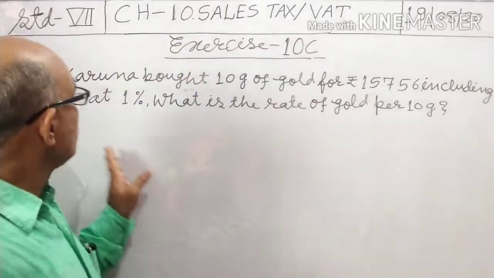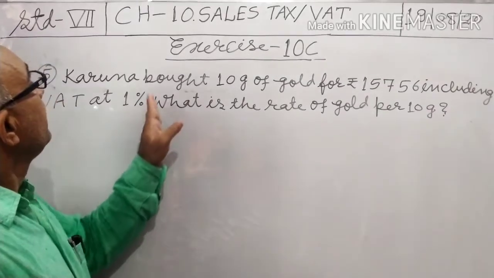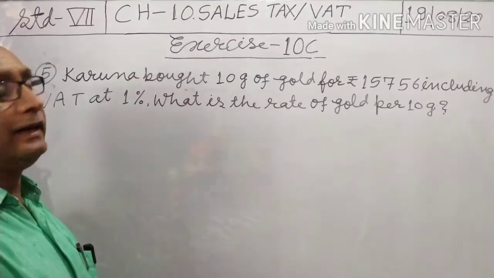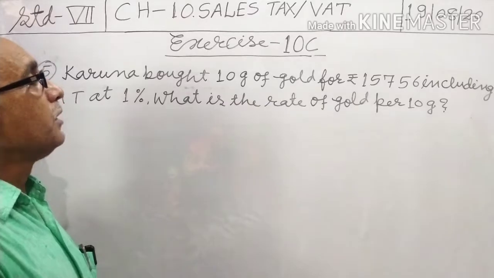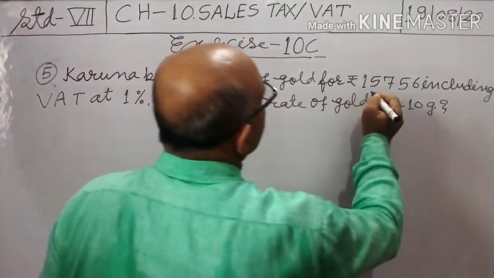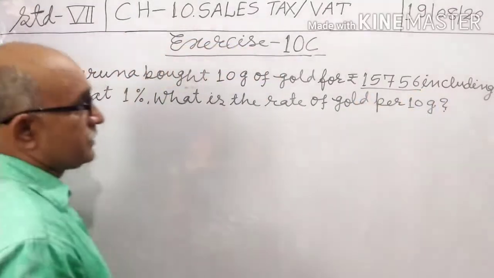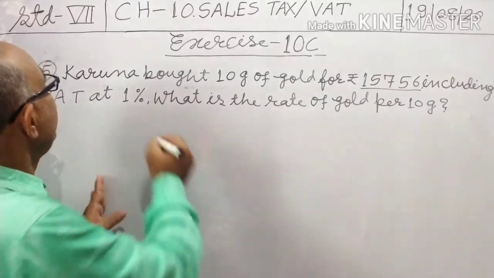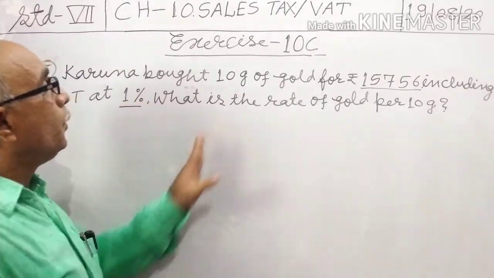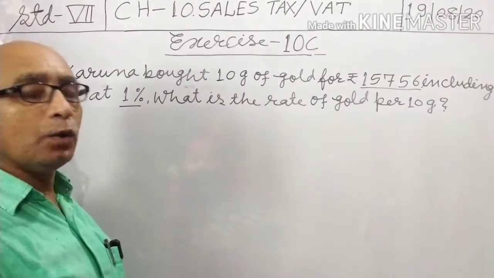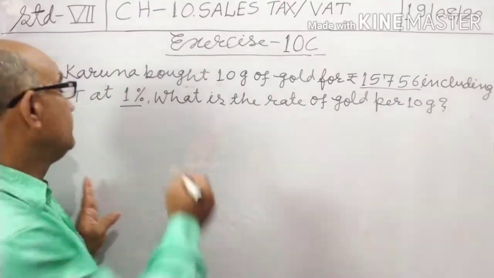Students, next question is question number 5. Karuna bought 10 gram of gold for rupees 15,756, including VAT at 1%. What is the rate of the gold per 10 gram?